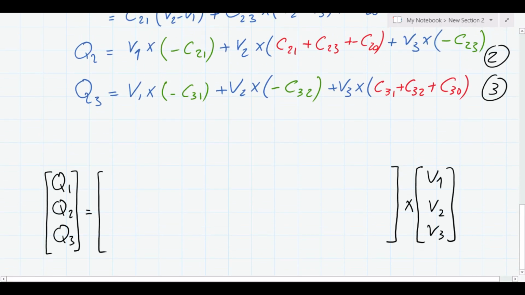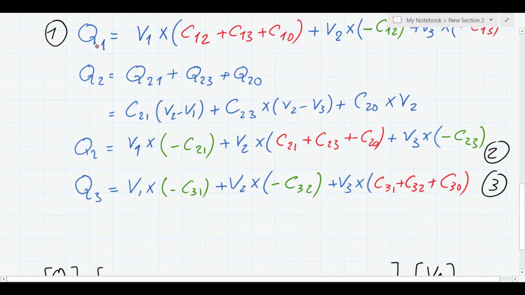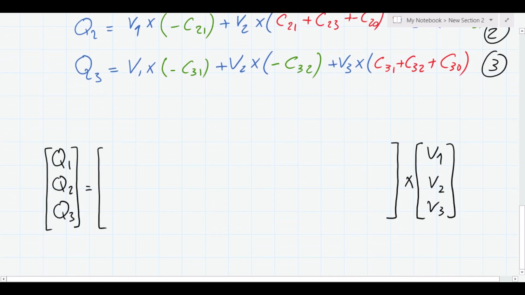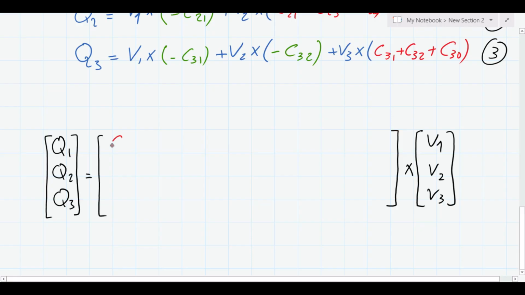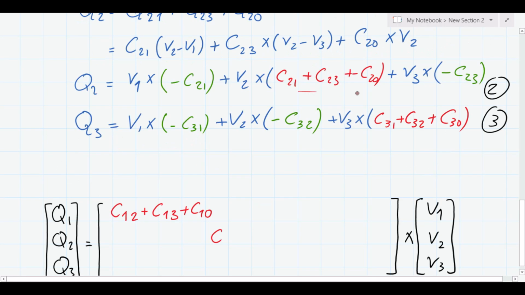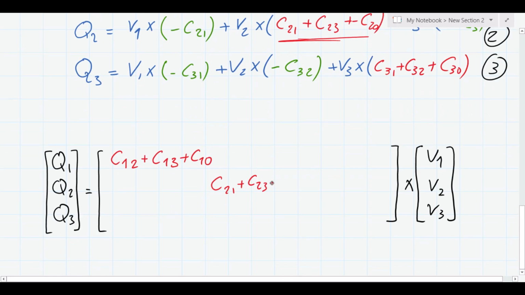Let's write down our coefficients. Here Q1 equals V1 multiplied by this parenthesis. I just move it here. Here we have this one. And in this position we have this one, the coefficient of Q3 versus V3.